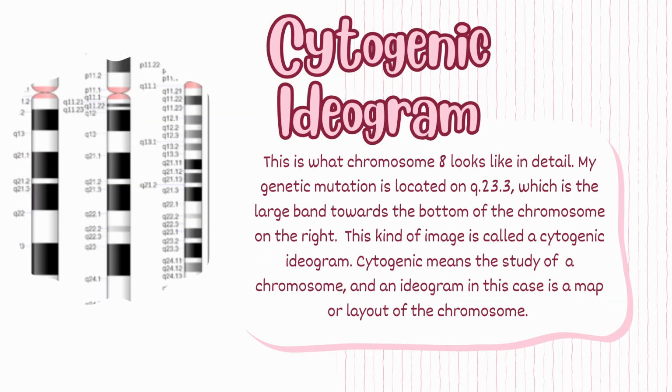Here we are actually going to see the chromosome in a little more detail, a little bit better than you would see on a karyotype. This is called a cytogenic ideogram. Cytogenic is the study of chromosomes. Ideogram is like a map. So you could see, sorry, my nose is a little sniffly, these are fat banded segments.